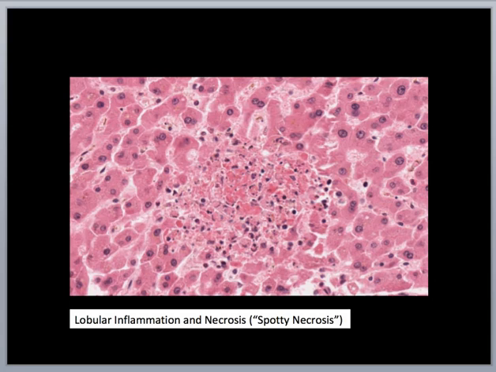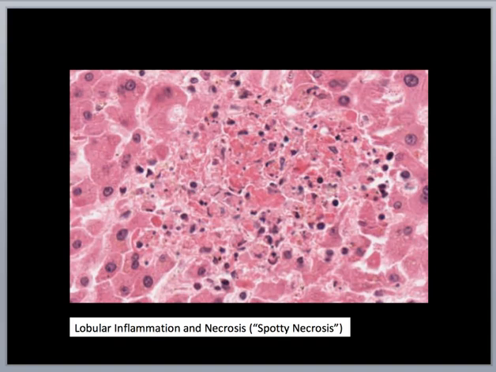When these areas become a little bit larger, you have lobular inflammation and focal areas of necrosis, which you may see referred to as spotty necrosis, and that's because on low magnification you see these spots or foci of necrosis that are scattered throughout the liver.